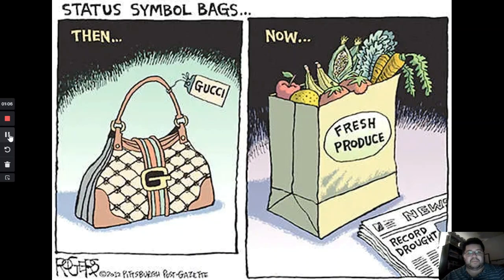Now their top priority is getting groceries, food. My question to you is this: what do you think could have happened to this person to make them change from buying Gucci purses to now just buying groceries?